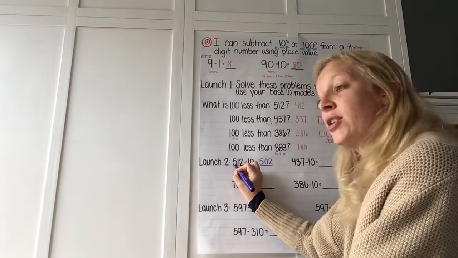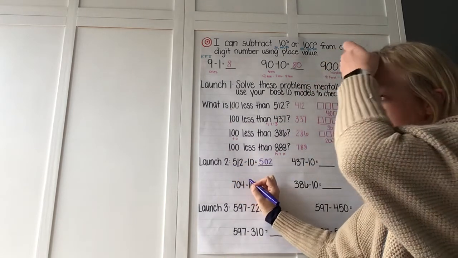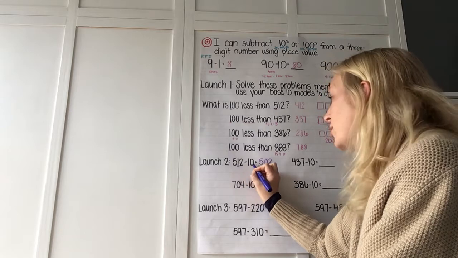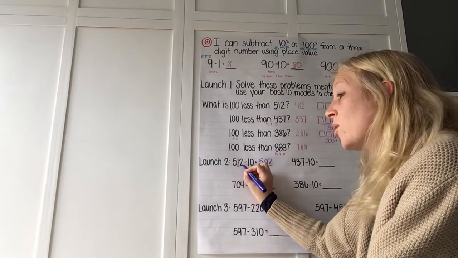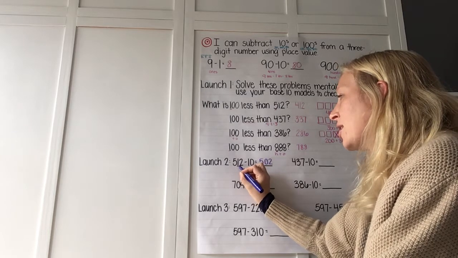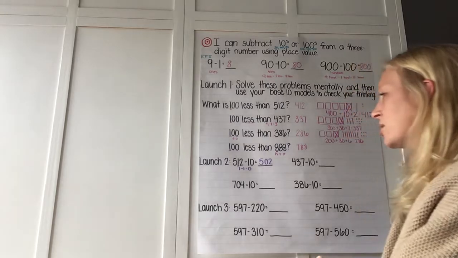Okay, so there's nothing in your hundreds place. There's a 1 in your tens place, and a 0 in your ones place. And so you're taking what? 1 take away 1 equals 0.